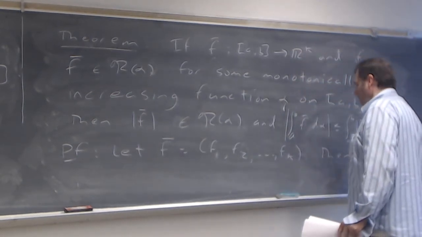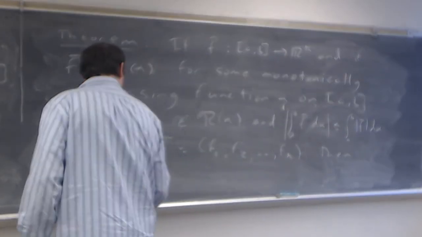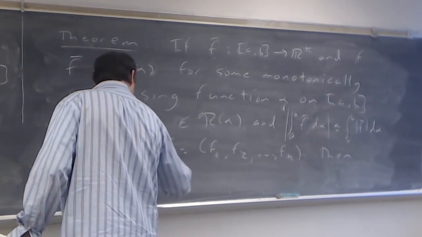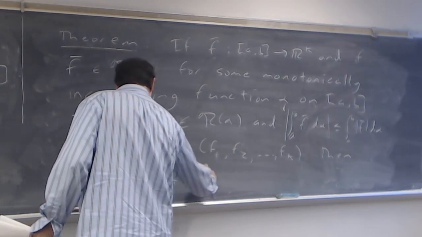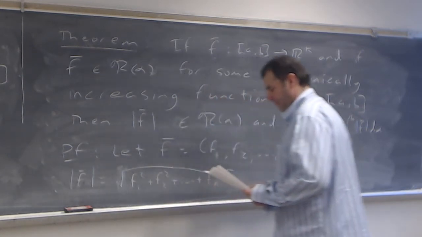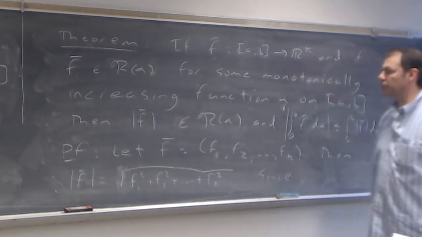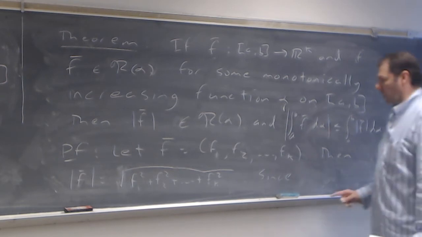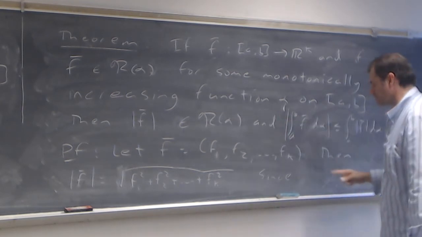Then the norm of F bar is equal to the square root of F sub 1 squared plus F sub 2 squared plus all the way up to plus F sub k squared. Since our goal here is first to show that the norm of F bar is Riemann-Stieltjes integrable, and then we have this inequality we want to show, we're working on the first part.